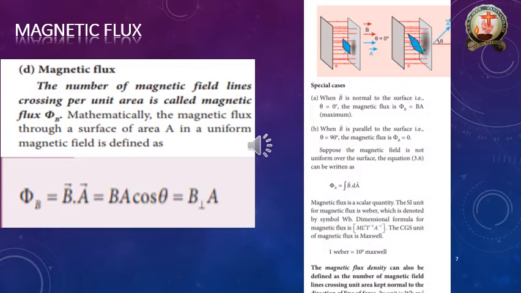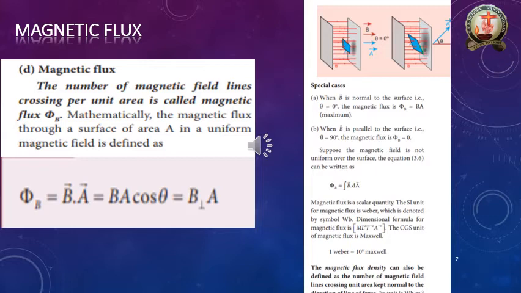Magnetic flux, this is the next concept. Now, before going to explain this topic, I would like to revise electric flux from the electrostatics chapter. I told you already, electric flux means what? The number of electric field lines crossing per unit area is called electric flux. Correct. Same to same, exactly.